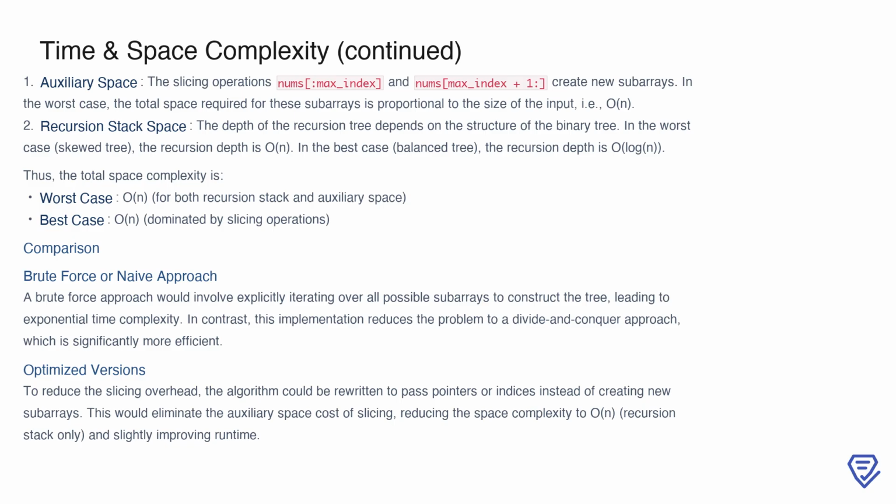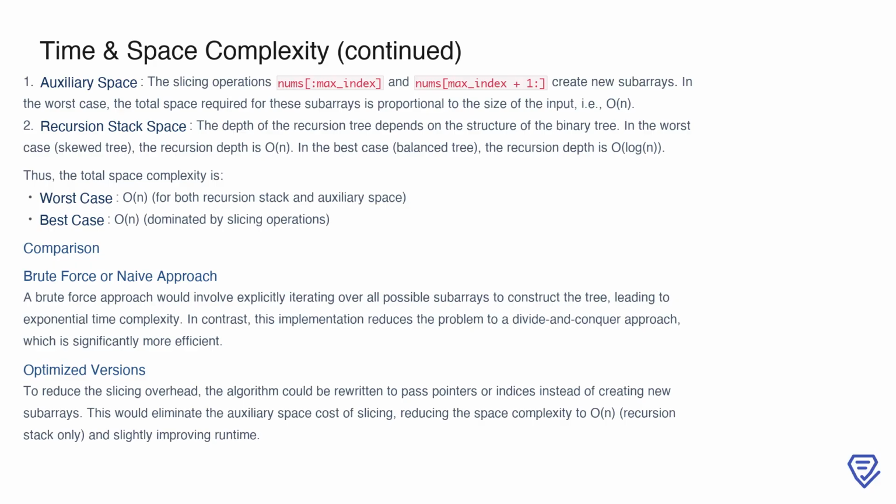In the worst-case scenario, the tree is skewed, meaning the recursion depth is O(n). In the best-case scenario, the tree is balanced, and the recursion depth is O(log n). Combining these factors, the total space complexity in the worst case is O(n), due to both recursion stack and slicing operations. In the best case, the space complexity remains O(n), dominated by the space required for slicing.